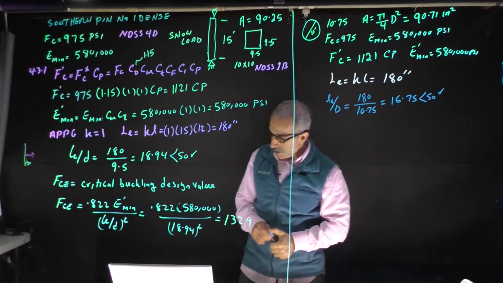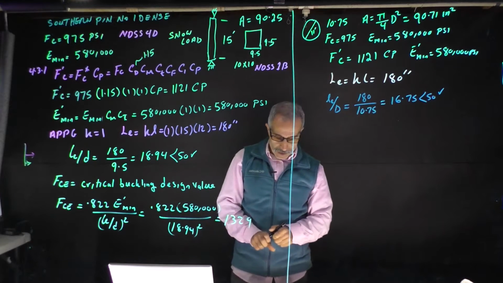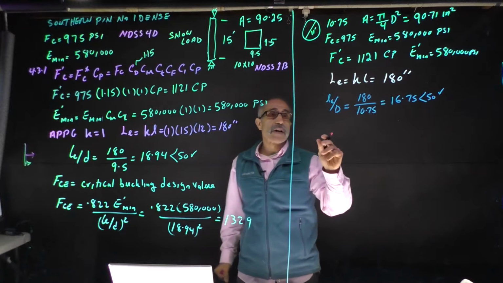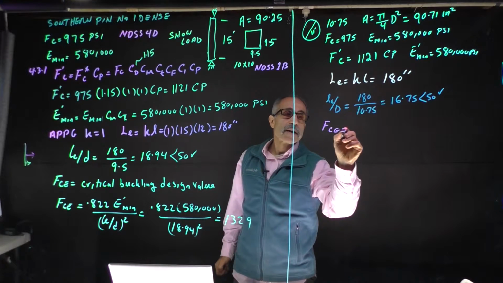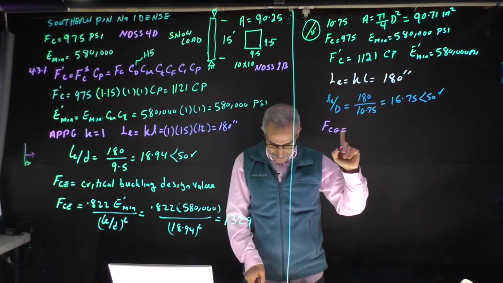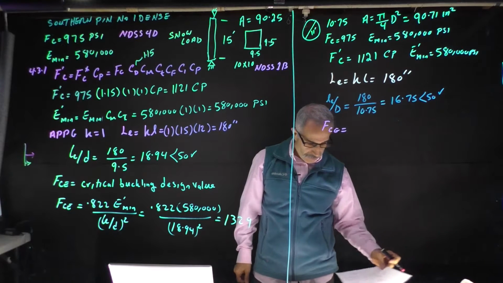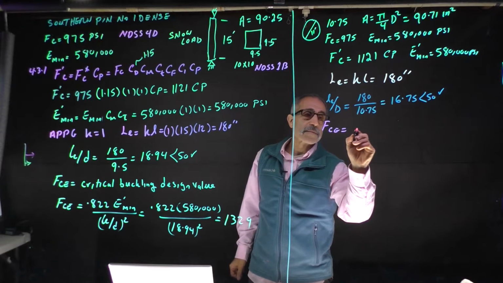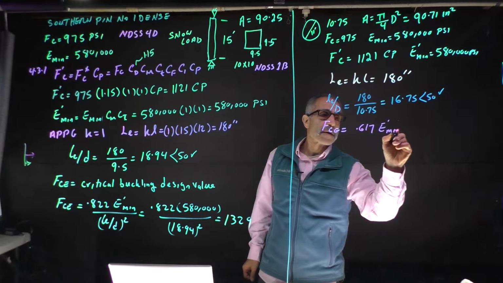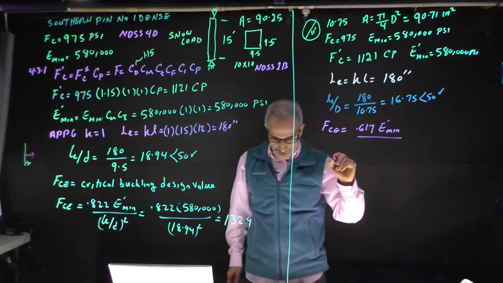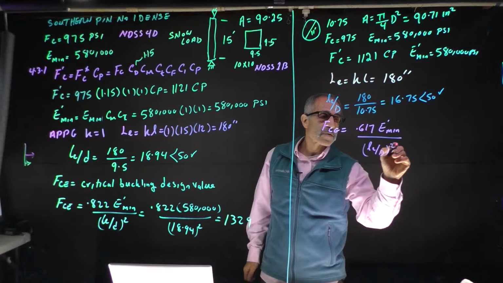One thing I want to mention is the critical buckling design value, which you cannot find in the book. FcE for a circular column is 0.617 times E prime minimum, divided by Le over diameter, squared.